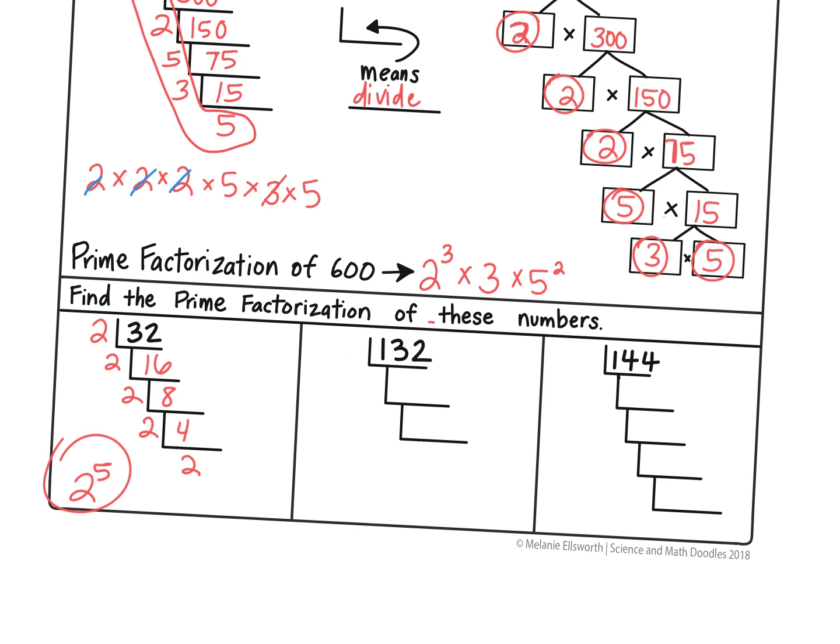Okay, you and your group mates at your tables, I want you to try the next 2. Factor them down and figure out the prime factorization. What did you get? 66 divided by 33, 11 by 33. But if you did 66 divided by 11, you would have 6 underneath it because it's 6 times 11.